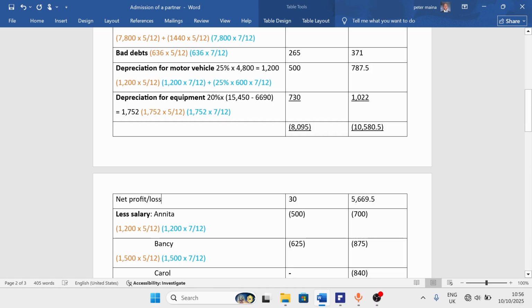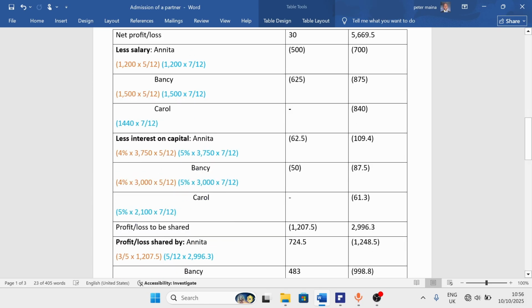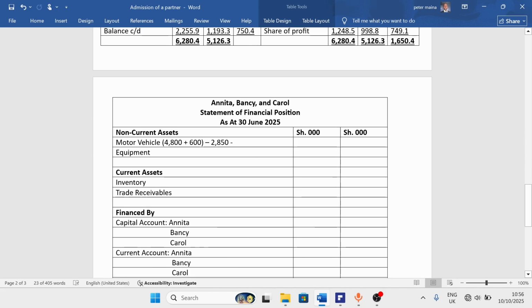So depreciation for motor vehicle, we had 500 for the first period and 787.5 for the next period, in total including the one that was introduced by Carol. So we add those two, and then we deduct from the cost of motor vehicles. So the total is 1287.5. That is the total depreciation that was charged in the profit or loss statement.